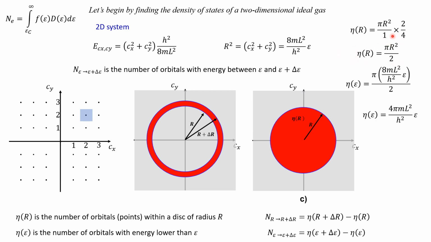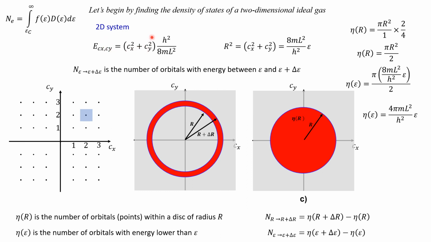Now we simplify the expression, and now we need to make the change of variables to turn this expression into the function that gives the number of orbitals with energy lower than epsilon. And to do that, we just need to recall that if we fix the radius, if we fix Cx and Cy, then we can identify epsilon as being the energy associated with this radius. So we could place epsilon here, then we are going to have r squared here.